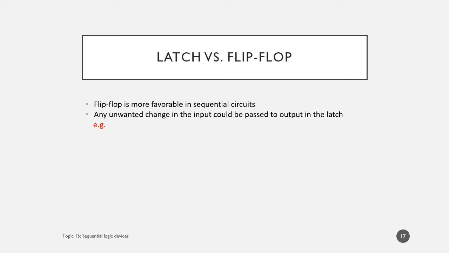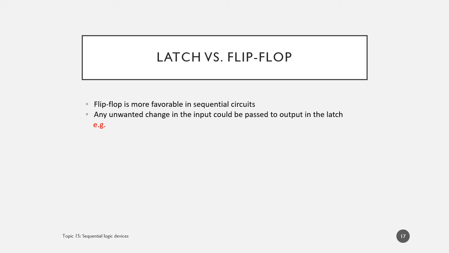Finally, I want to talk a little bit more about the difference between latches and flip-flops. We already know that in reality, we always prefer flip-flops over latches. Part of the reason is that latches have forbidden or no-use states, if you remember, but that's not the main reason.